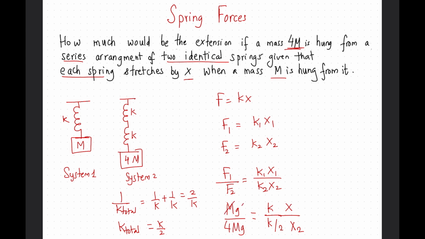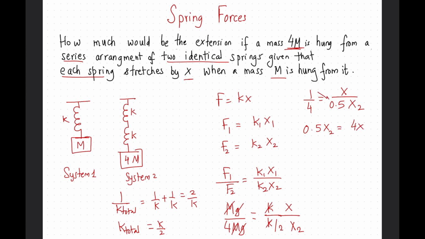So m and g can be cancelled out from both the sides, k can be cancelled out, so we get 1 over 4 equal x over 0.5 x2, as there is a half here which I am going to write as 0.5. So I will cross multiply. 0.5 x2 is equal to 4x.